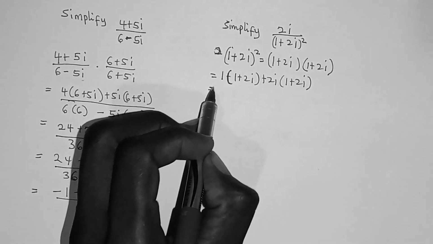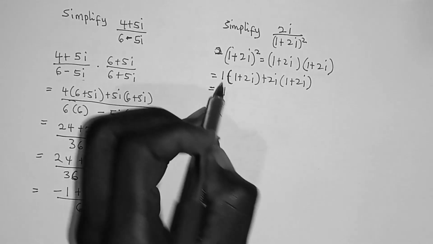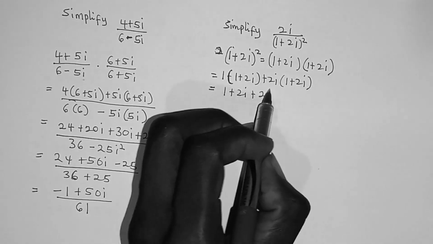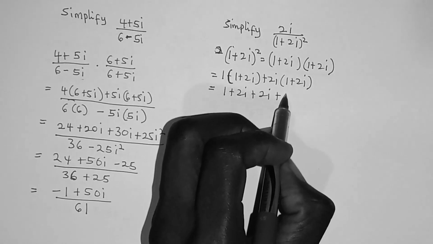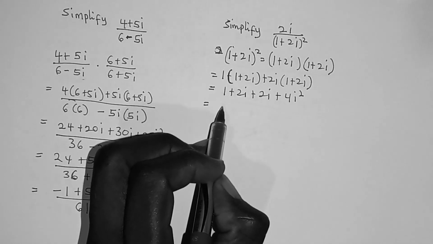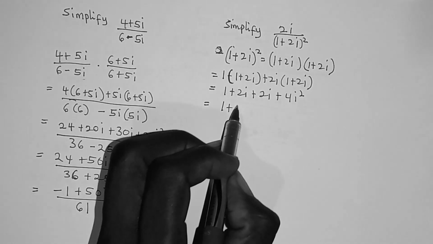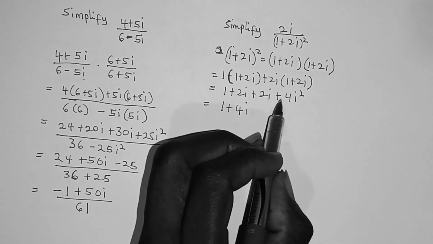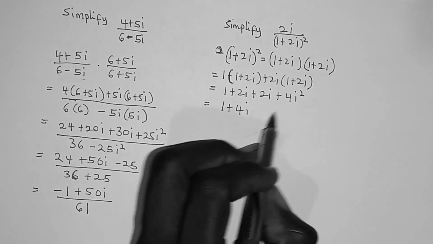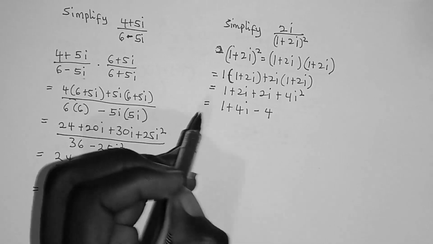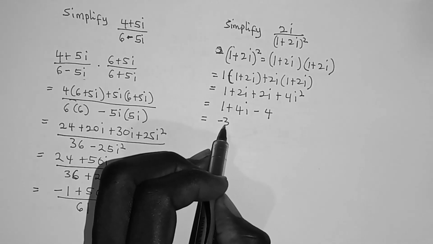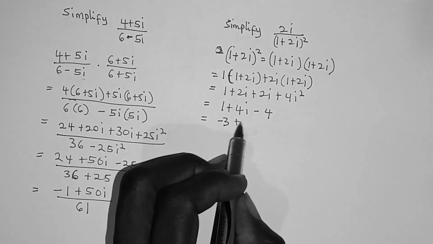This is equal to 1 times 1 is 1, plus 1 times 2i is 2i. Then plus 2i times 1 is 2i, plus 2i times 2i is 4i squared. So this is equal to 1 plus 2i plus 2i is 4i. Then 4i squared, i squared is minus 1 times 4 becomes minus 4. So this is equal to 1 minus 4 is minus 3 plus 4i.